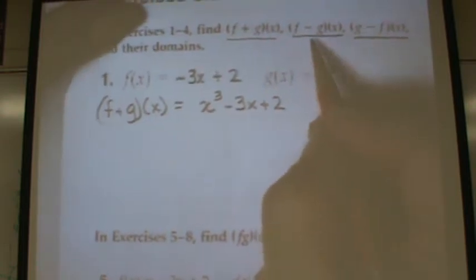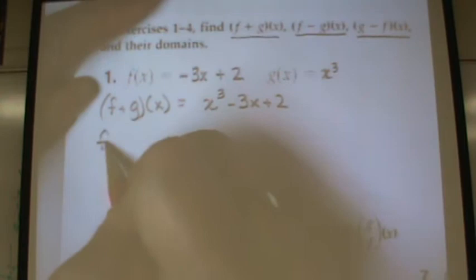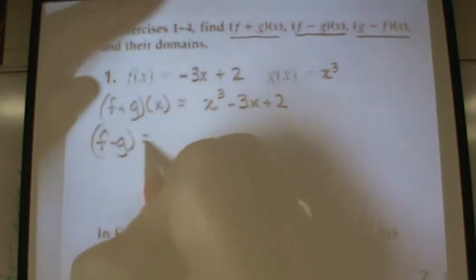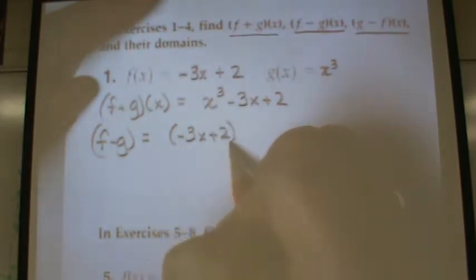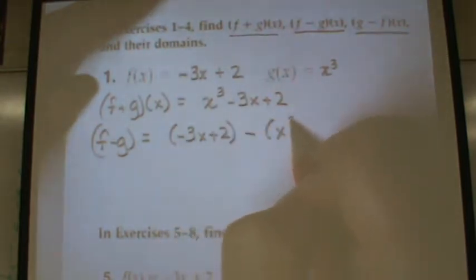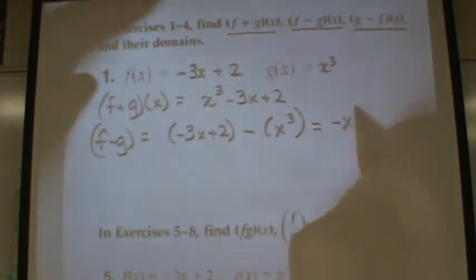But now if you're going to subtract, order matters. So if you're doing f minus g, you're going to take negative 3x plus 2 and subtract x cubed. You end up with negative x cubed minus 3x plus 2.